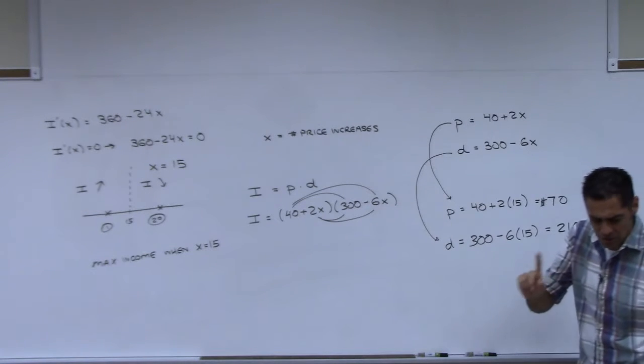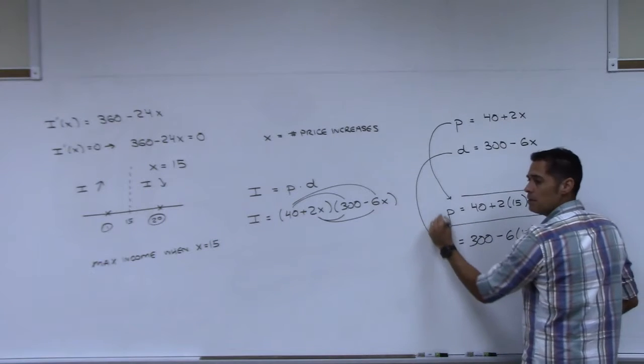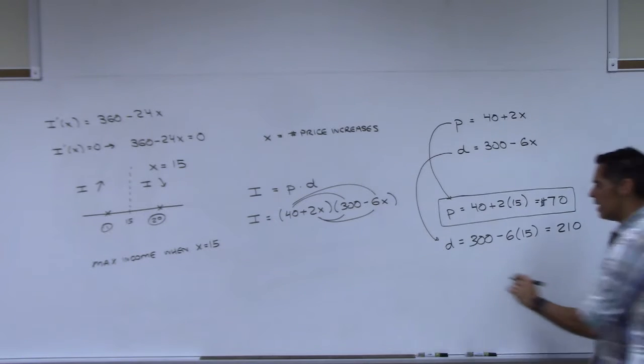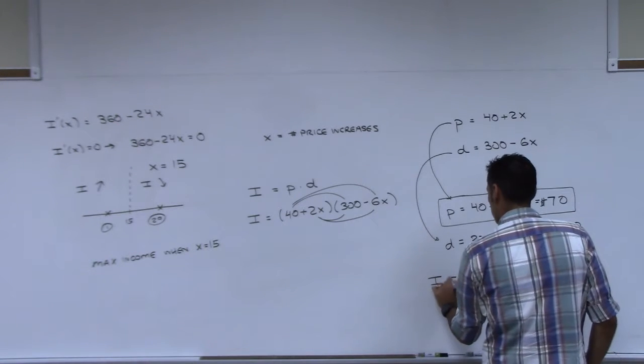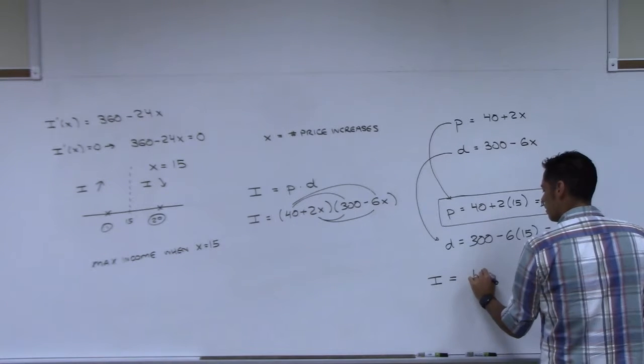So the answer to the first question is this, right? What should the price be? What's the answer to the second question? It's the price times the demand. If you get $70 for each car and you get 210 rentals, what does that multiply together to? So the income, what is it? 15,000?